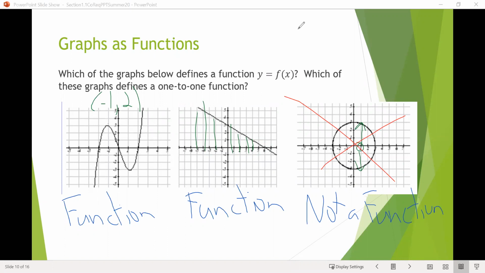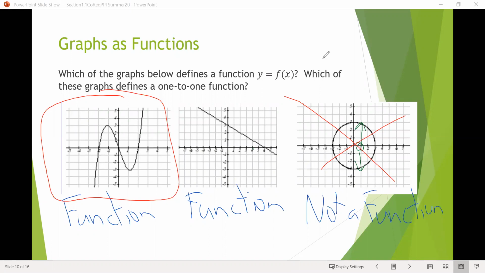All right, so now that we've identified which ones are the functions and which one is not, let's now talk about one-to-one. So for this first one here, the first graph, could this be one-to-one? Well, recall that it means each input has to have a unique output, so no inputs can share outputs, which I think is a problem for this graph, right?